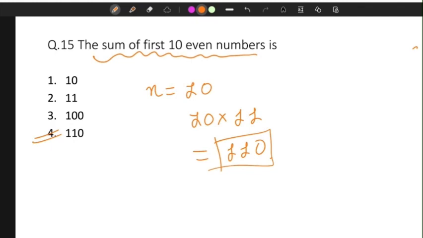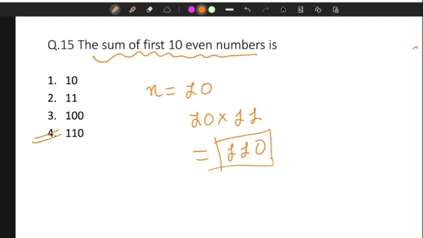I will highlight one more thing: whatever tricks I have given you for the summation of the first 10 odd numbers, 20 odd numbers, 30 odd numbers, or the summation of the first 10 even numbers, 20 even numbers, first 100 even numbers, whatever the number they mention, just go through the tricks once and make a note of them, so that you can simply solve the question without wasting your time.